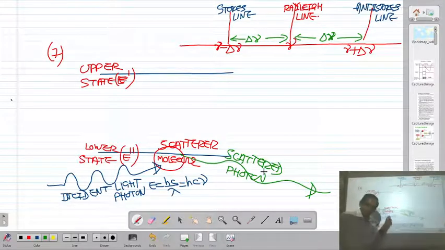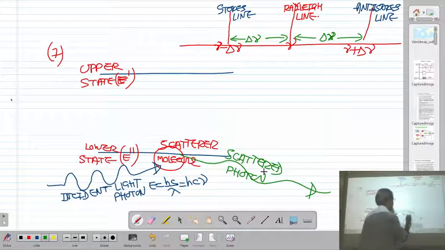There are two types of collision: elastic collision and inelastic collision. In elastic collision, what happens? When the incident light photon having energy hc upon lambda or hc nu collides with the scattered molecule in the lower state E double dash, then after the collision, the photon is scattered with the same energy.